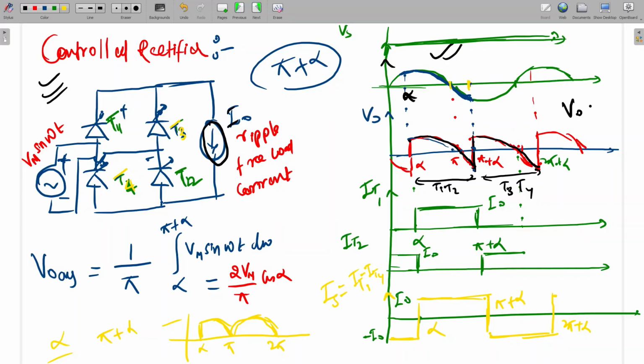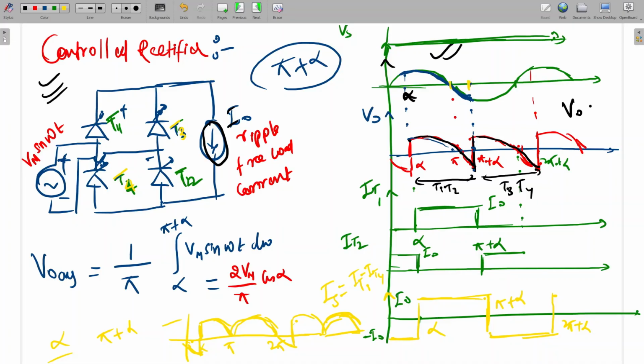Again in the next section I am doing like this. So the waveform will be like this, again and again like this. Is it clear, or otherwise I will draw on the next page?